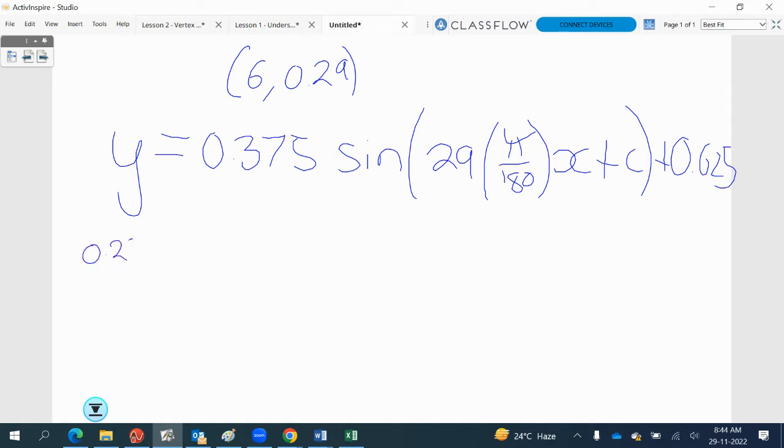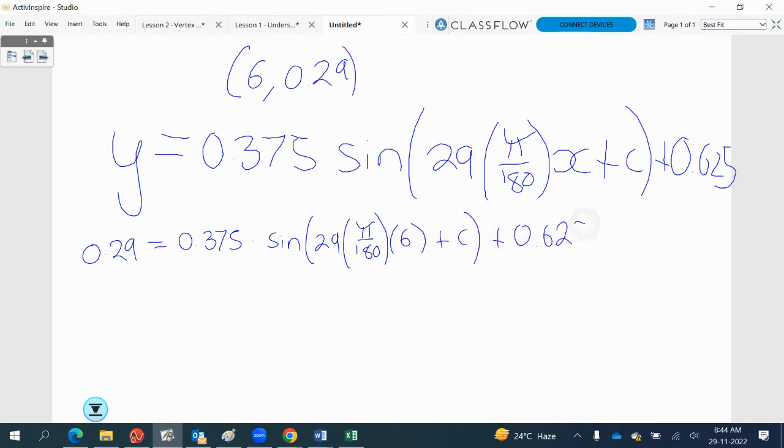So 0.29 is equal to 0.375 times sine 29 pi over 180, what do we stick here? 6 plus c, plus 0.625. So now we've got an equation in one unknown, and we just solve.